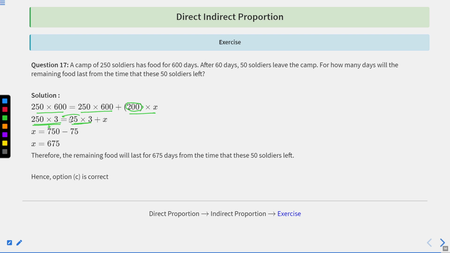Just send this to the left hand side, you will be left with x equal to 750 minus 75. So x will be 675. Therefore, the remaining food will last for 675 days from the time that these 50 soldiers left. So the correct option here will be option C.